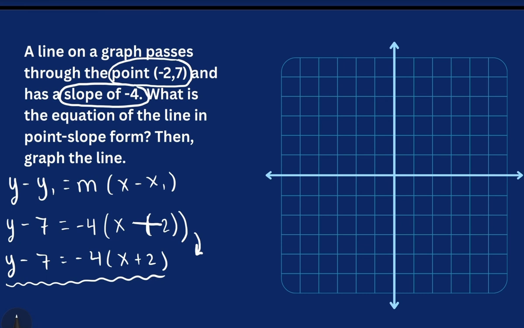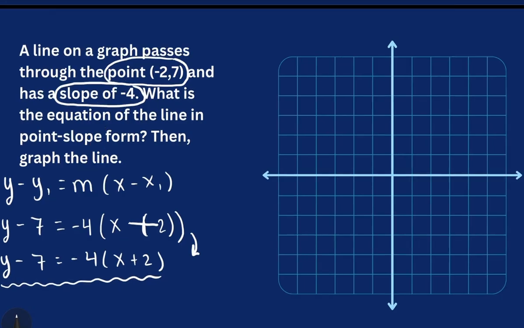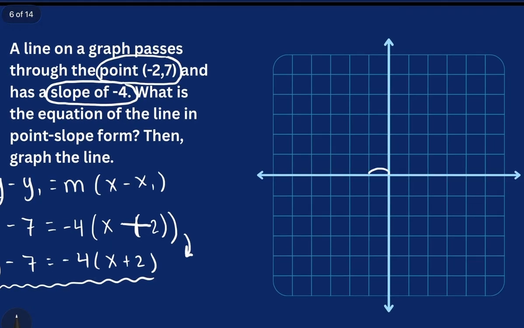We know that on our line, there's a point -2, 7. So let's plot that. -2 is 2 times to the left, and then +7 is 1, 2, 3, 4, 5, 6, and then 7 would be right here. So this is my first point. And I know that my slope is going to be -4 over 1, which means it goes down 4 and to the right 1. So I'm going to do that.